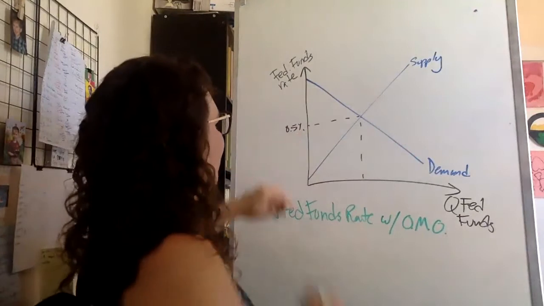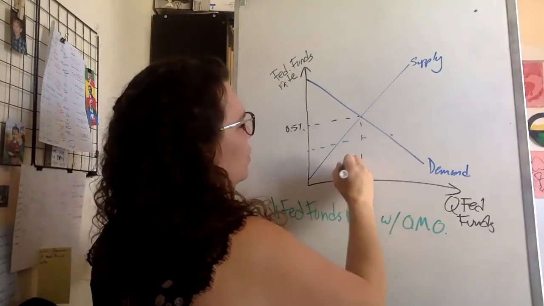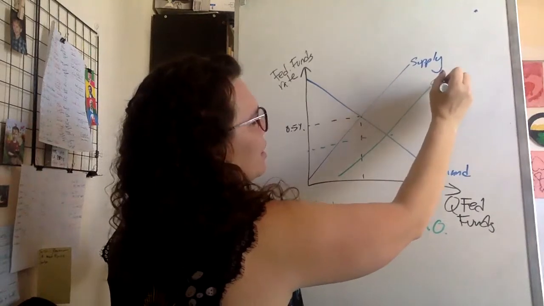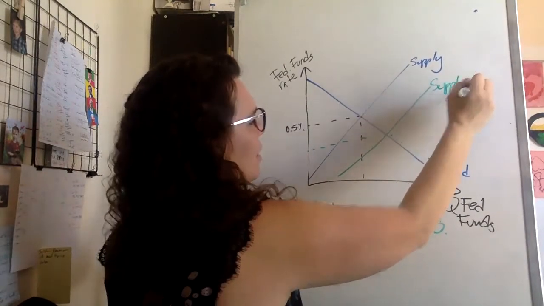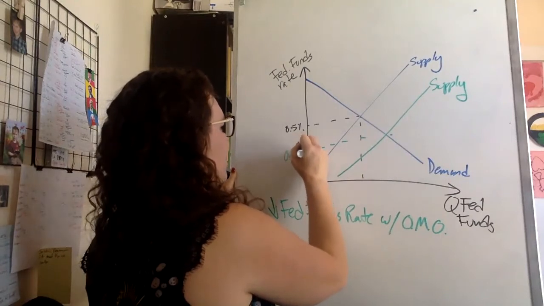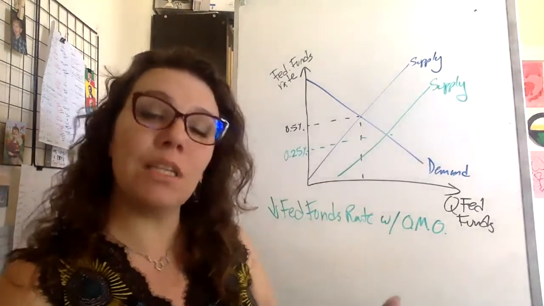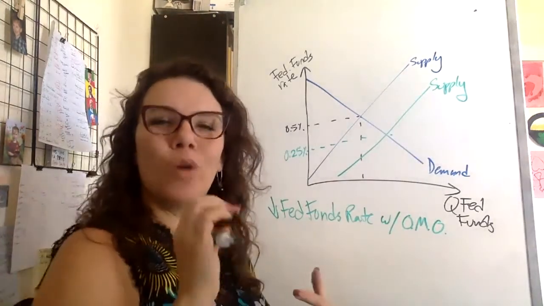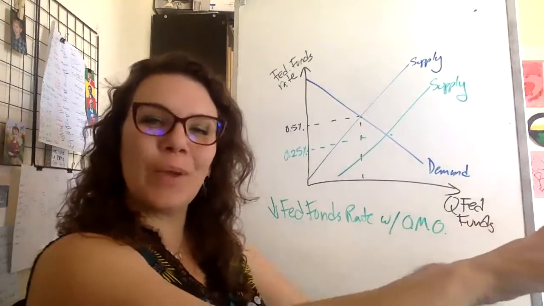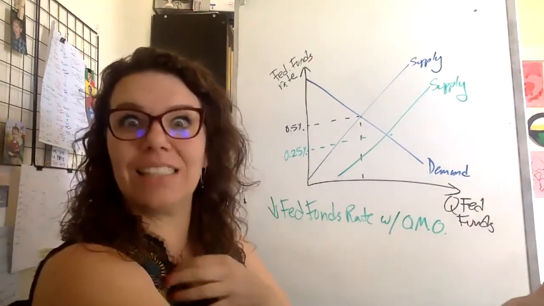If we want to lower the federal funds rate to some lower amount, we want to increase the supply of federal funds. Let's say we want to lower it to 25%. So what we're going to want to do to increase that supply of federal funds is we want to put dollars in. So we have to take bonds, those assets out.